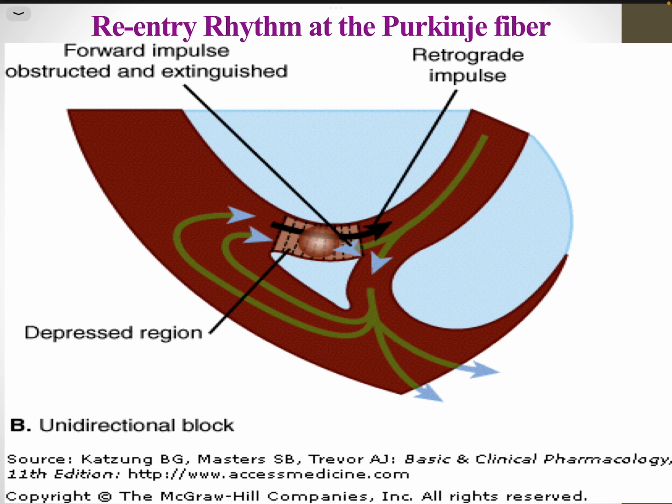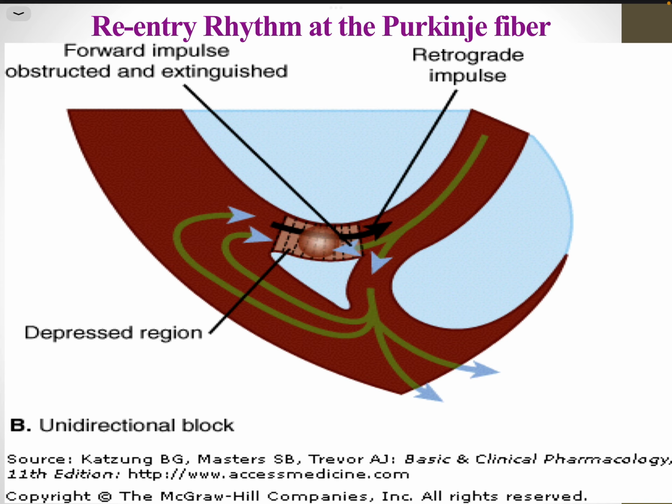I'm not going to be asking you about these subdivisions, but I have to explain them because these two categories, which occur between the atria and the ventricle because of blocks either at the nodal level or in other tissue, are called paroxysmal supraventricular tachycardia. Both of them are called paroxysmal supraventricular tachycardia. Why do I have to mention that? Because I'm going to be talking about some drugs used for the treatment of paroxysmal supraventricular tachycardia, abbreviated SVT or PSVT.